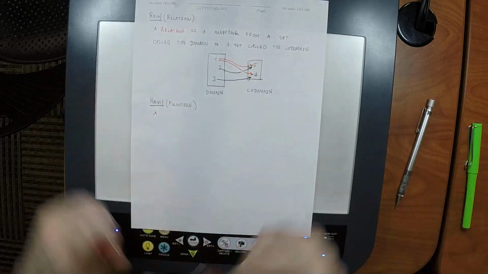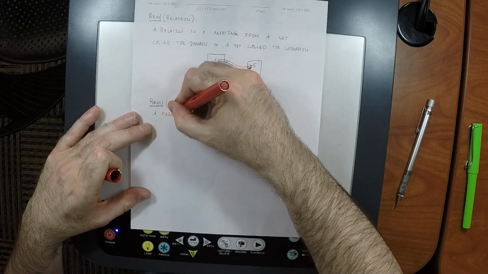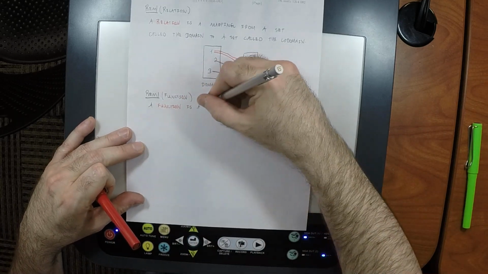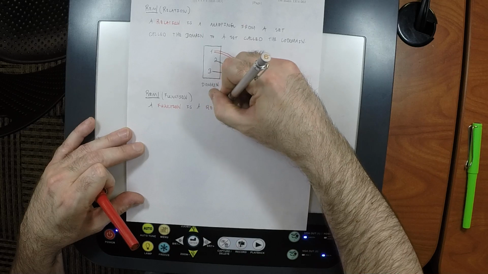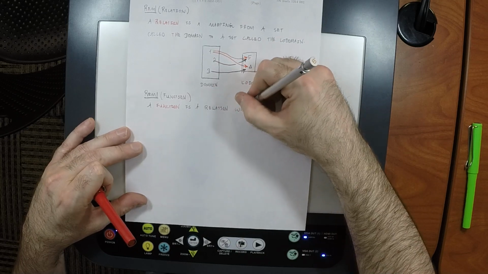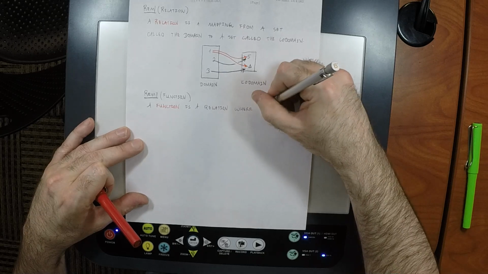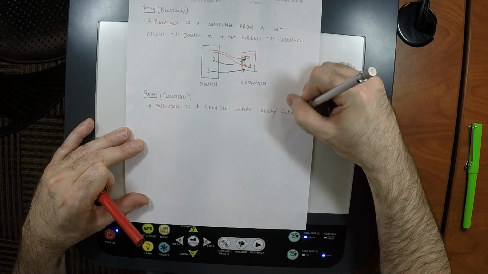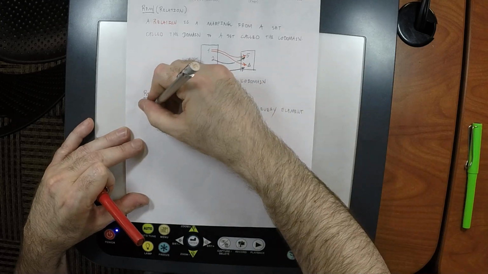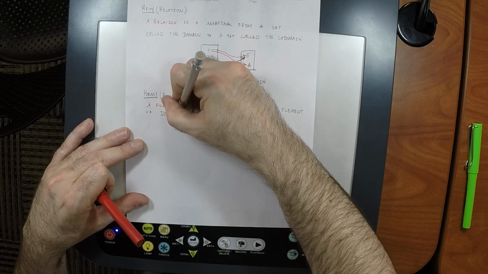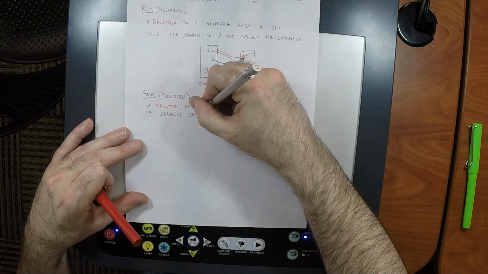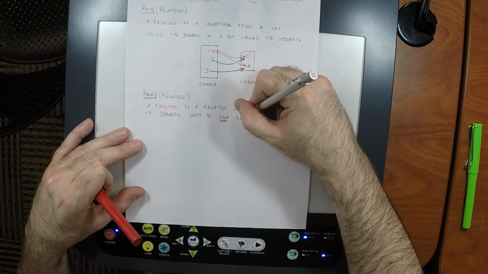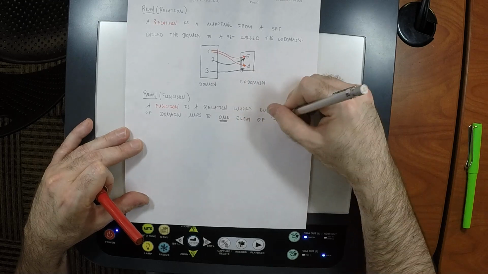So a function is a relation where every element of the domain maps to one element of the codomain.